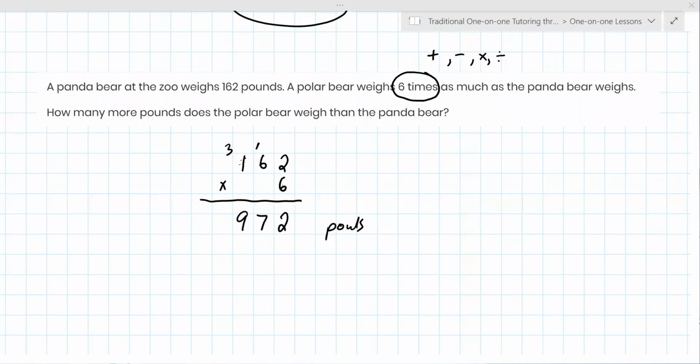Okay, let's look at this problem. This is a similar one to the one we've just done.